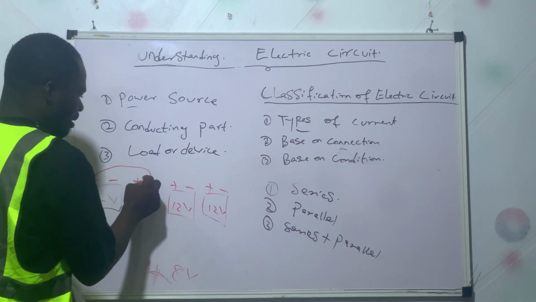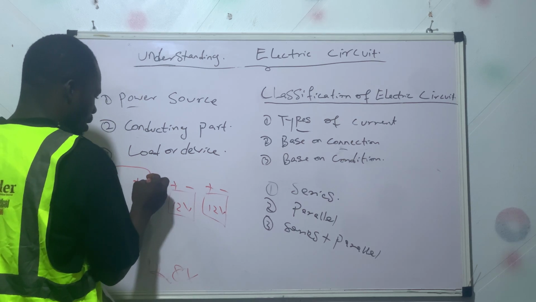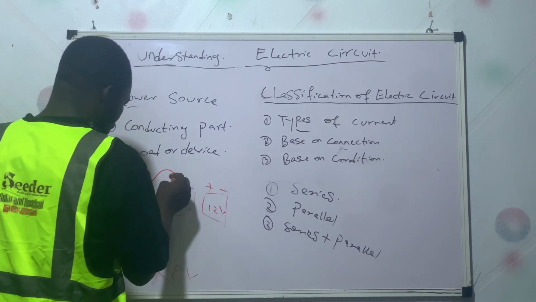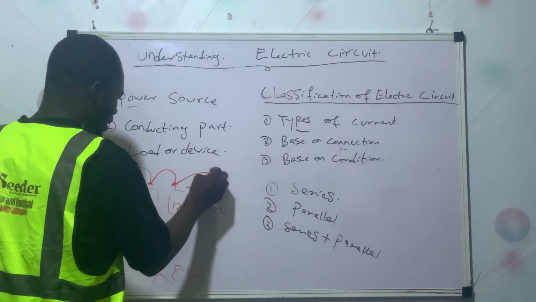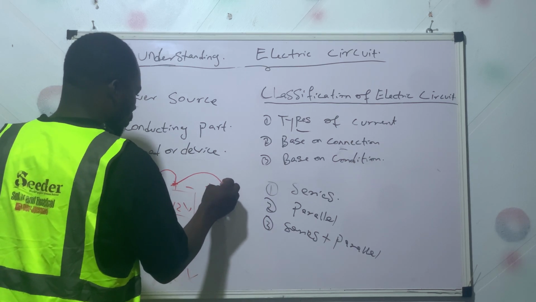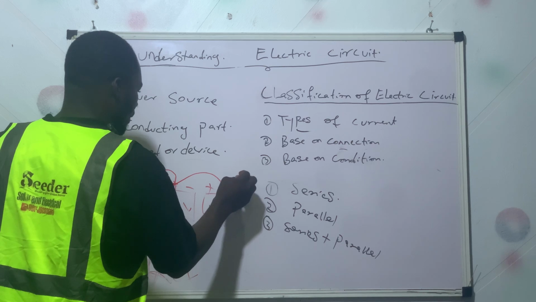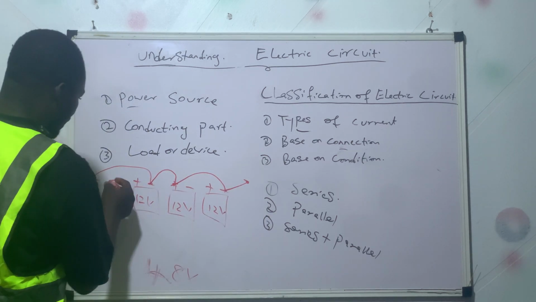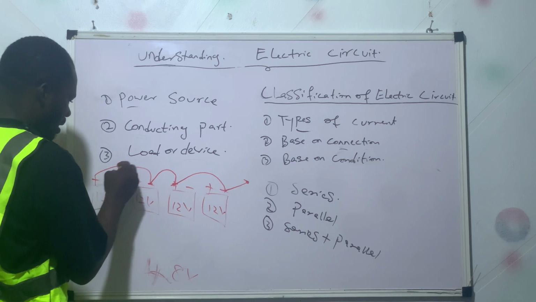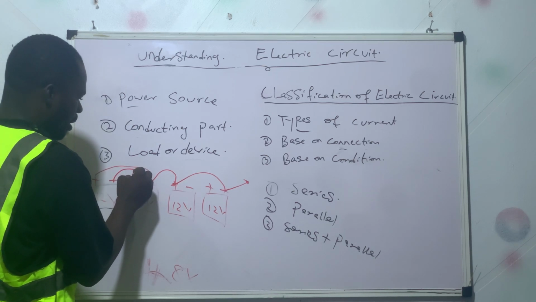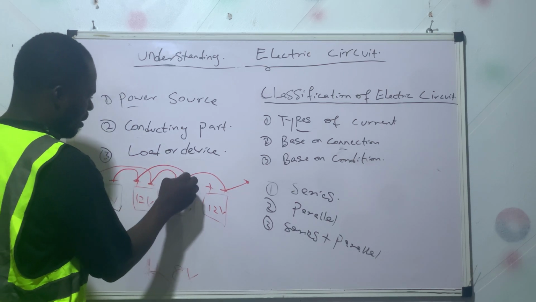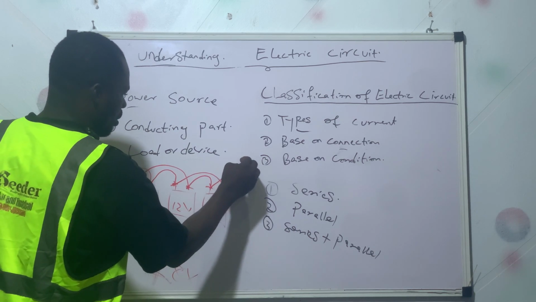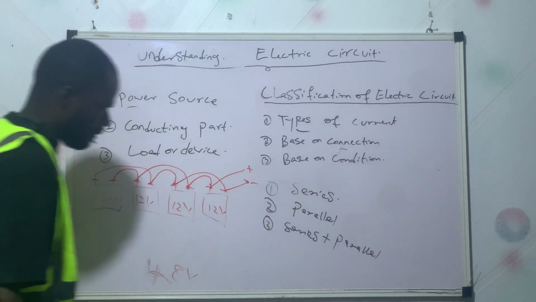You take this negative charge and add it to the positive of this one. You take this positive and add it to the negative of this one, leaving you with a negative charge for the connection. The same way with this, you now take this negative and add to this positive. You take this positive and add to this negative. You take this negative and add to this positive, leaving you with a positive charge and negative charge.